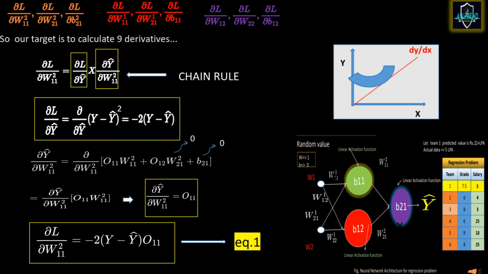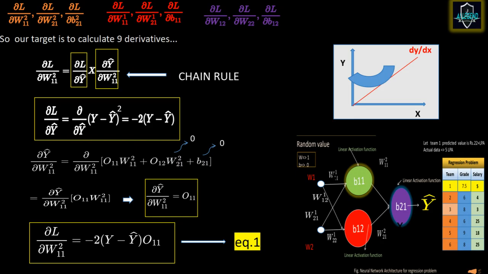This is said to be the chain rule of differentiation. Alright, ∂L/∂y hat is equal to ∂/∂y hat of (y minus y hat) squared, so the result is minus 2(y minus y hat). Alright, this is what we get after differentiating it.